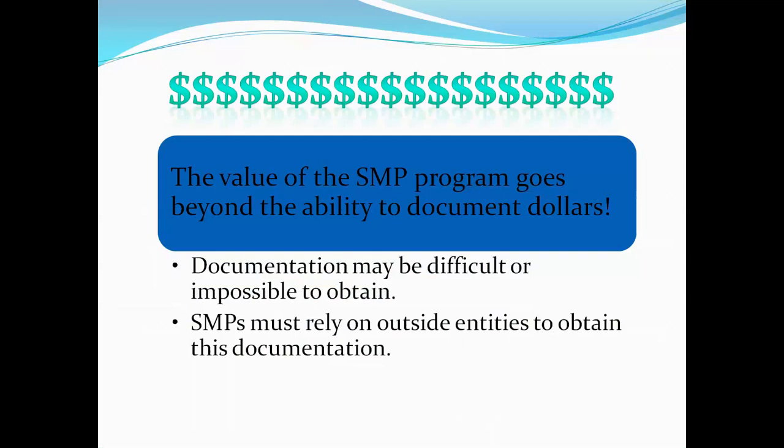That's why it's very difficult for me to obtain some of the documentation where they've corrected something. So I rely on the beneficiaries or any other person to get that documentation for me, or even a letter. If they can't send a bill, ask them if they will send a letter confirming that they have corrected that and the beneficiary will have a zero balance. Anything that would help document that savings.